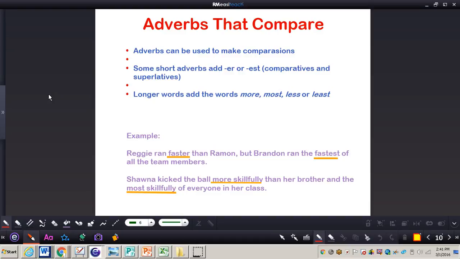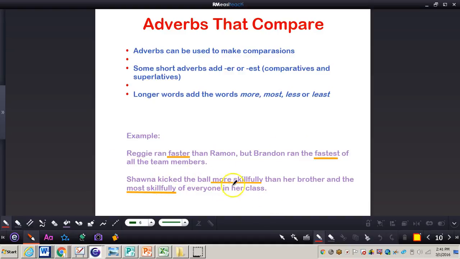And let's take a look at some sentences here. It says Reggie ran faster than Raymond, but Brandon ran the fastest of all the team members. So we can see that faster is modifying ran, and then fastest is modifying ran as well, and it's also comparing. Next one, Shauna kicked the ball more skillfully.